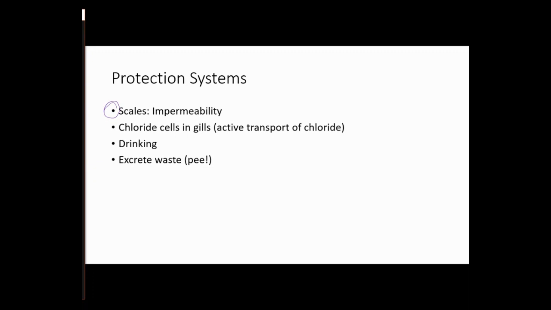So any type of scale on these fishes, in addition to being a type of protection from abrasion or battle, also works for impermeability. This is the term we see on here, meaning that this is a layer over the top of their skin.